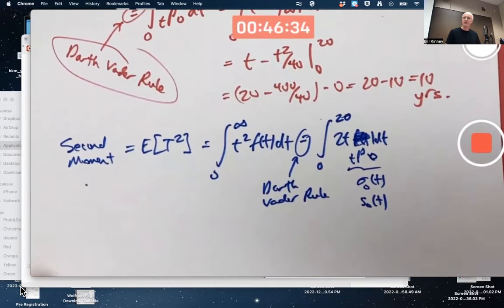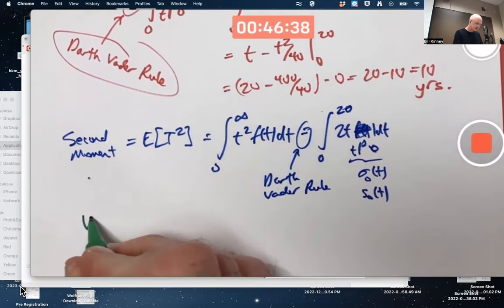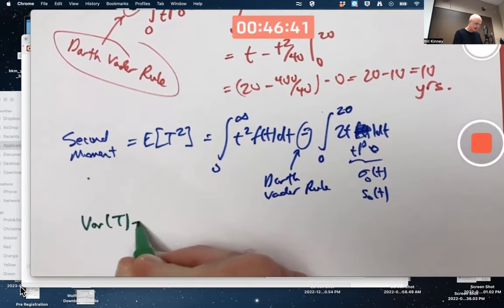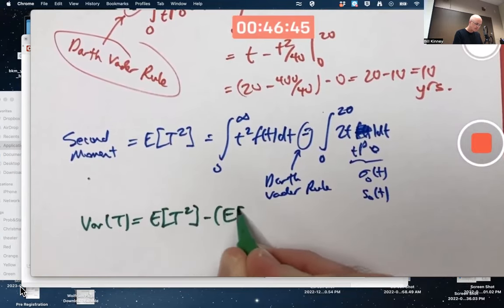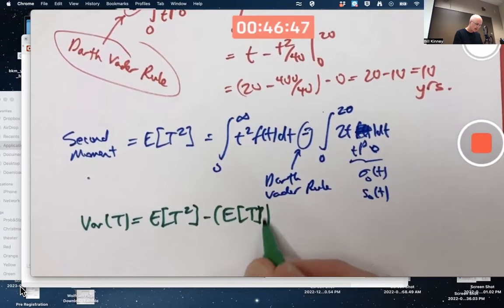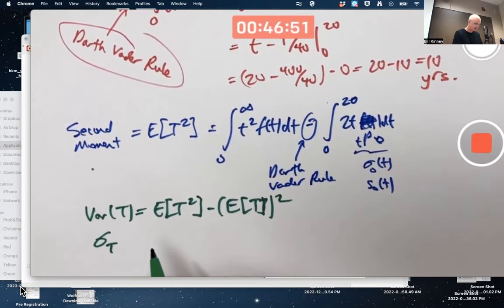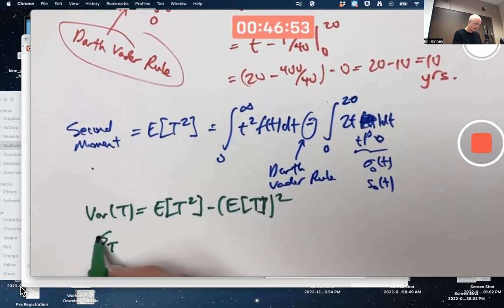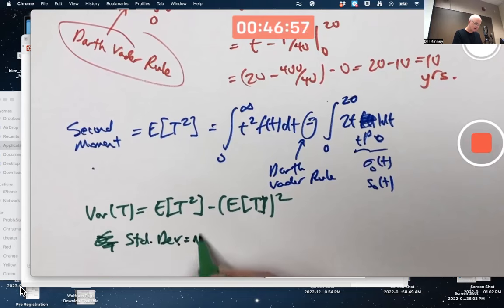Okay, it can be verified by integration by parts and making certain assumptions. As always, the variance is computed by the computational formula and the standard deviation. Oh, there's another sigma. Okay, standard deviation is the square root of the variance.